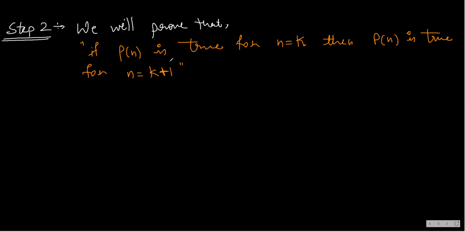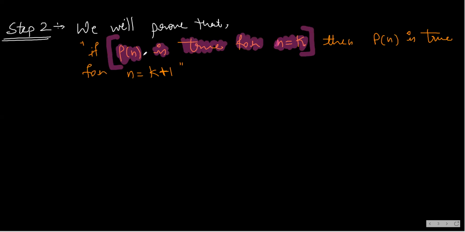Now in this step, what we are going to prove has an assumption that is to be followed. Students, many of you do not pay attention to this. What you have to prove is that if P of n is true for n equals k, then it is true for n equals k plus 1. It means this part is your assumption.